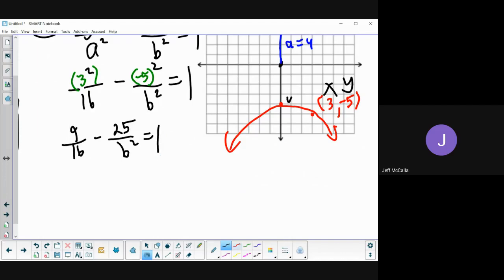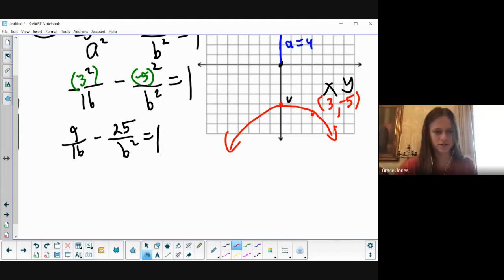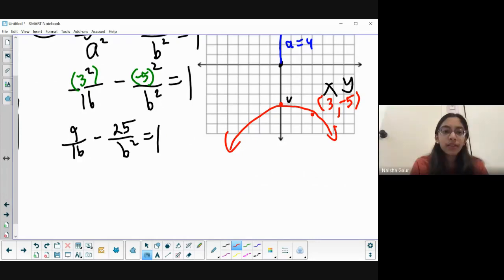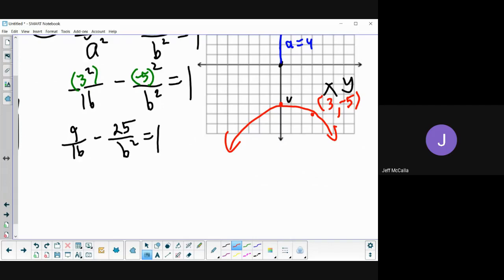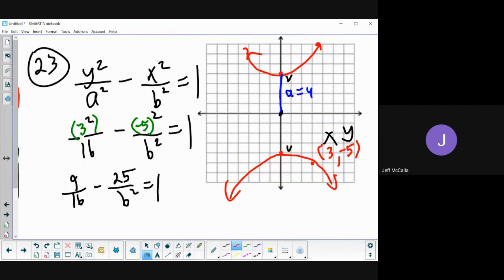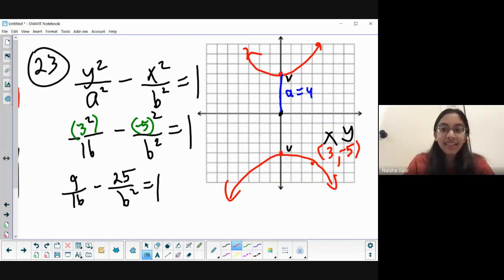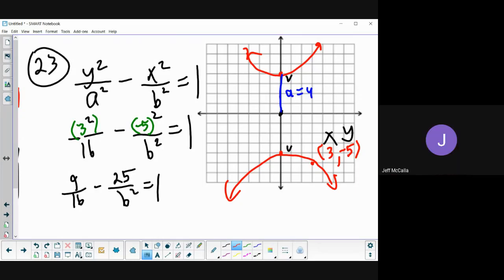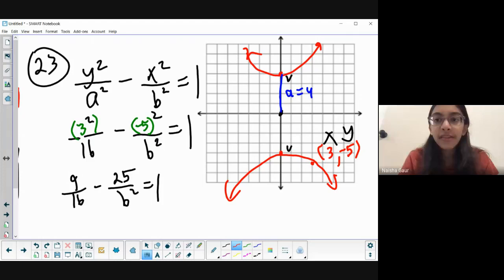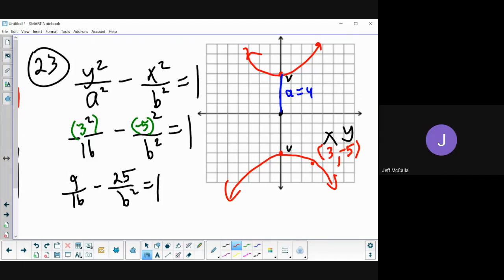I'm going to go ahead and... -5 over 16, because it's a vertical hyperbola. Ooh, excellent point. Wait, say that again? Since it's y and x, isn't it y squared minus x squared?